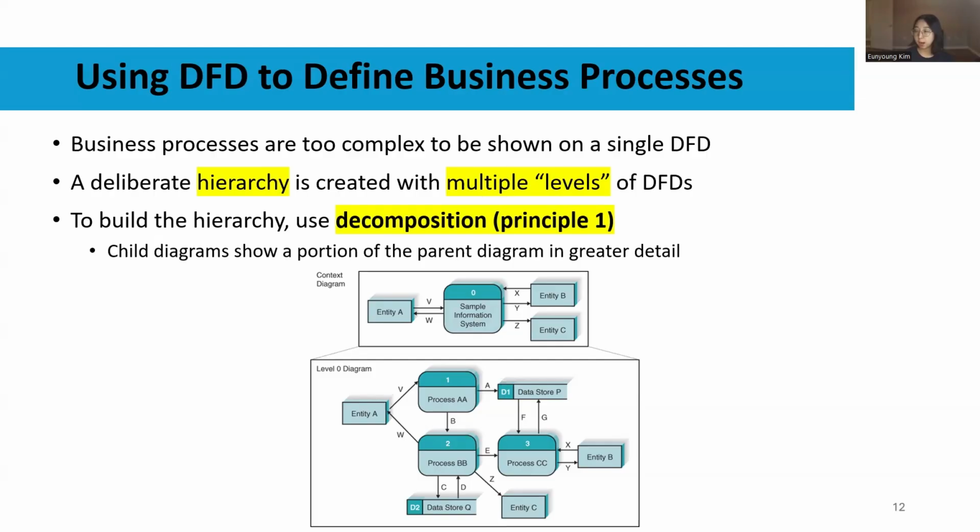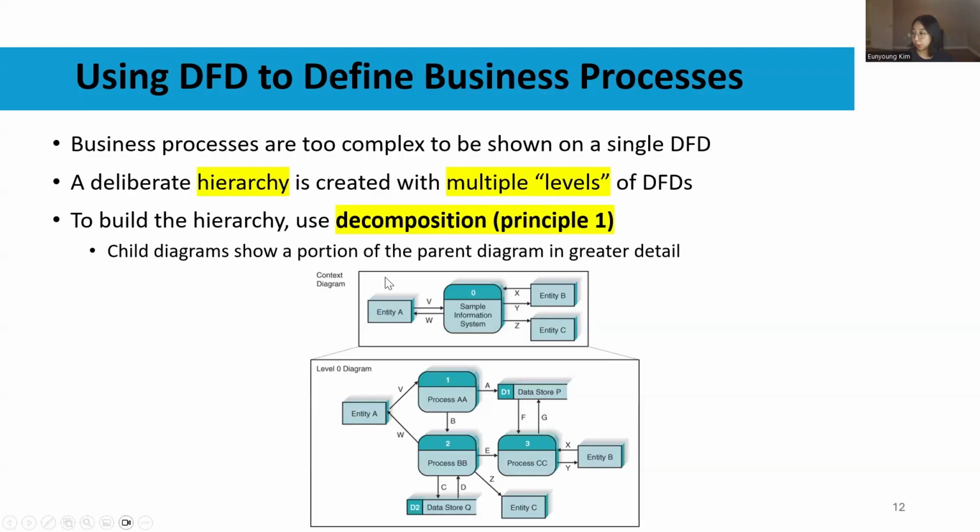So the point is that we will break down this whole picture into a hierarchical format so we can easily understand which sub-processes should be defined to support users' work. That is one important principle when you draw the data flow diagram, namely decomposition. That is breaking down the higher level DFD into sub-level DFDs.